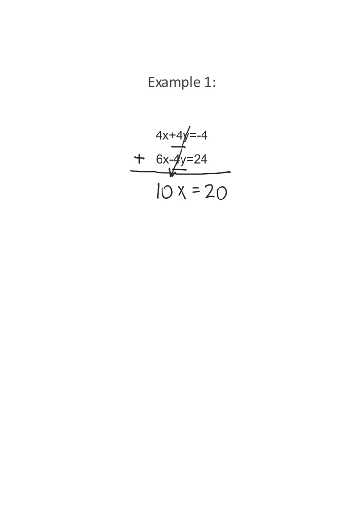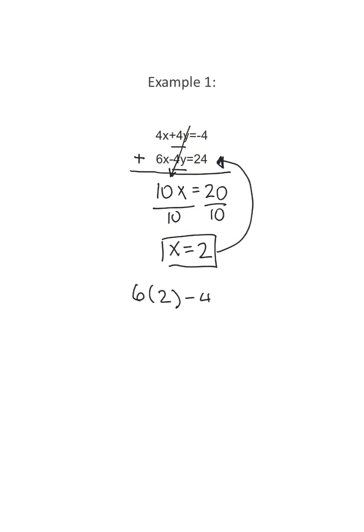Now we must divide each side by 10, and we get x is equal to 2. Next, to find the y-coordinate, we must plug it into the original equation. So as we plug it in, 6 times 2 minus 4y is equal to 24.